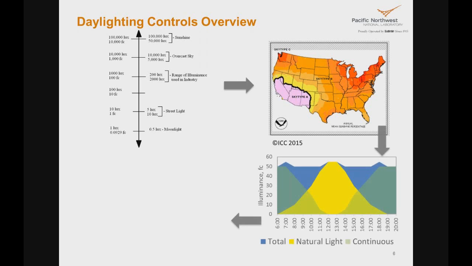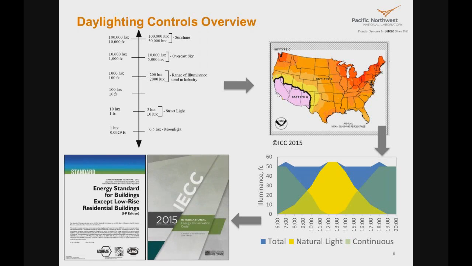From there, we'll go to daylighting controls, see how controls work, how energy savings are realized, and what some of the factors are that affect energy savings. And finally, we'll conclude with the latest requirements in codes and standards that fall under daylighting controls. So that's a brief overview of the presentation today.